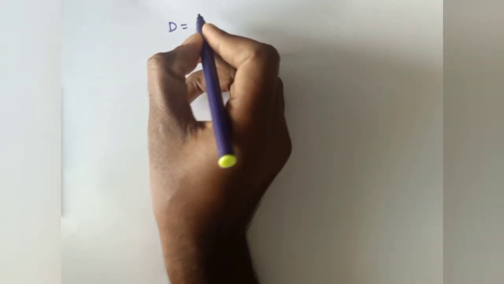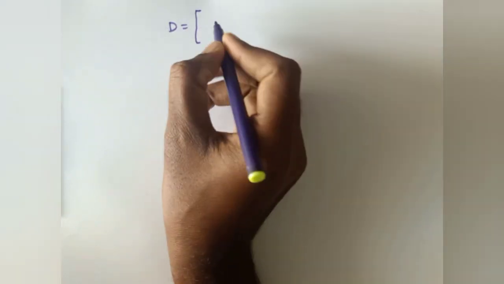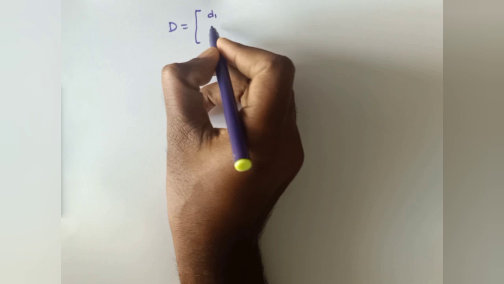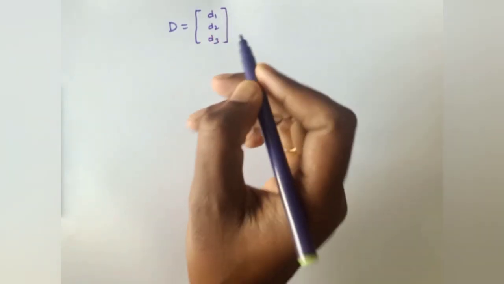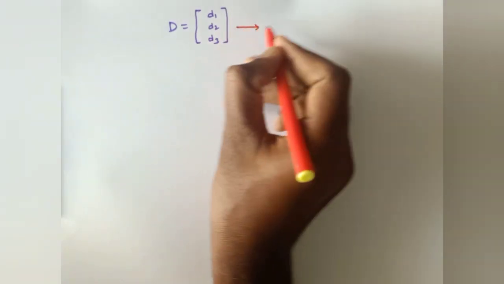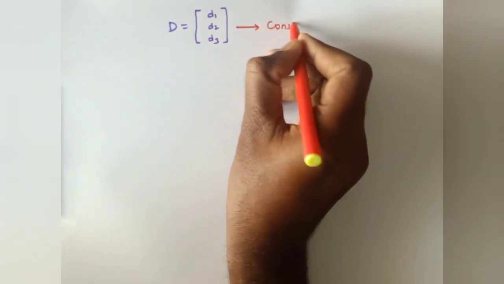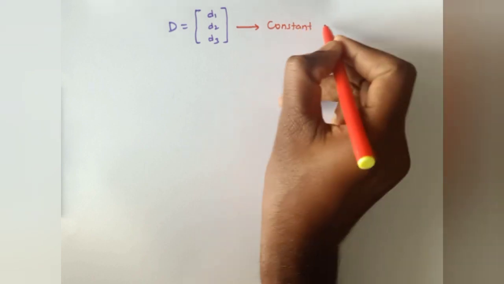And next in the equation Ax equal to D, A is over and x is also over, where is D? The right side of the equation contains some constants like D1, D2, D3. Therefore, this matrix is a constant matrix.